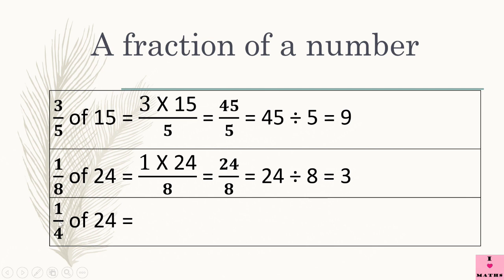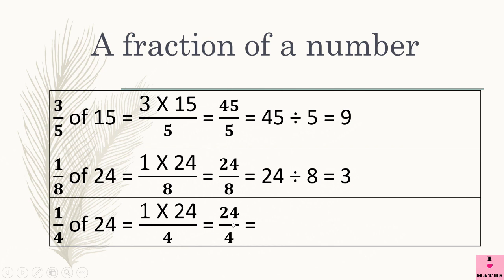Okay. 1 upon 4 of 24 means 1 upon 4 multiplied by 24. This gives us 1 into 24 upon 4. This gives us 24 upon 4 or 24 divided by 4. So this gives us the answer 6.